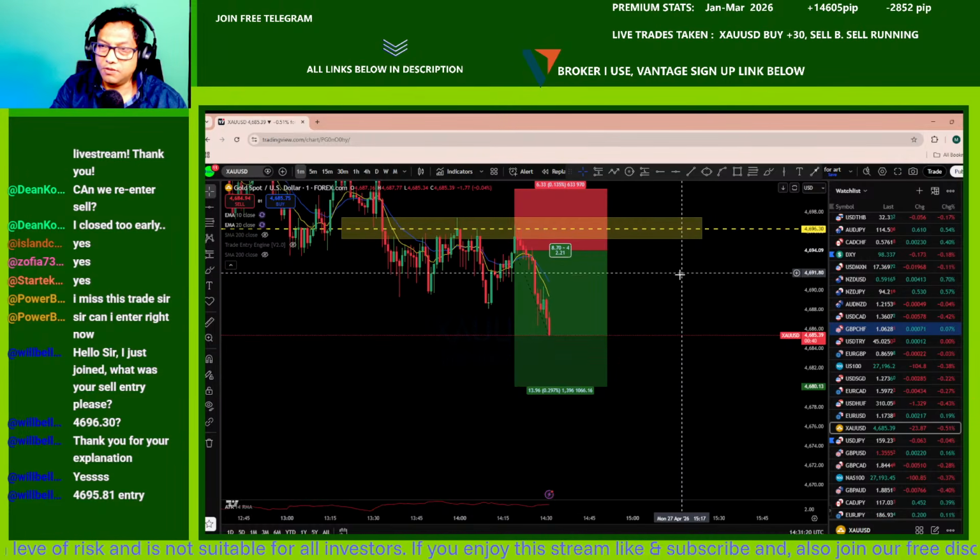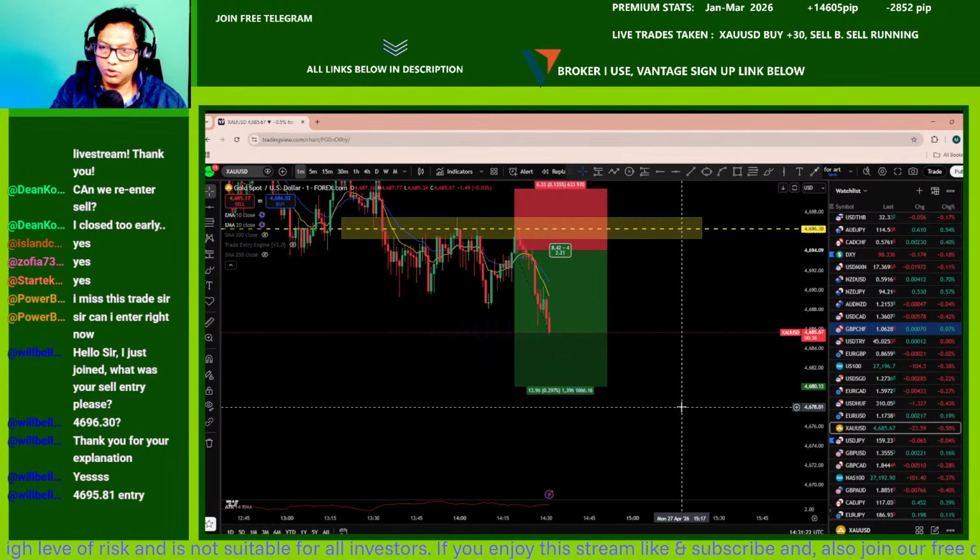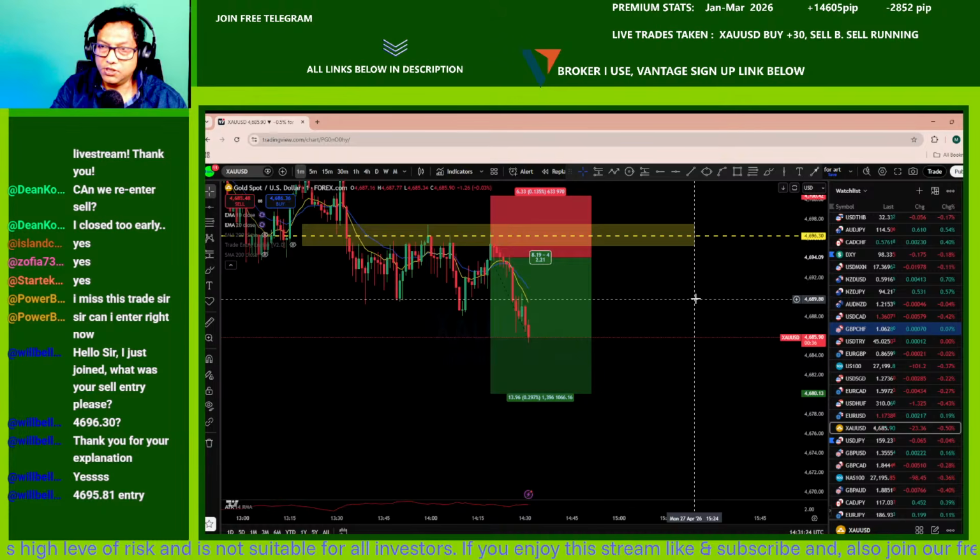From this high here, the market is making its way back down to this support area.